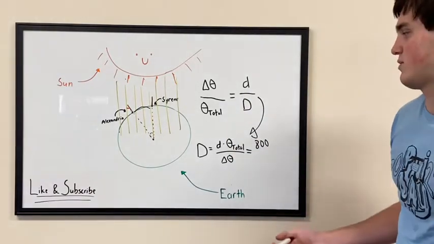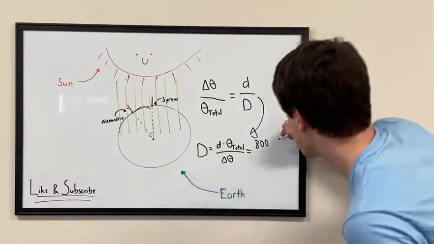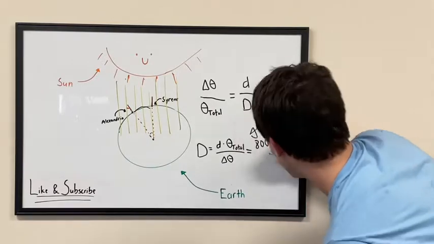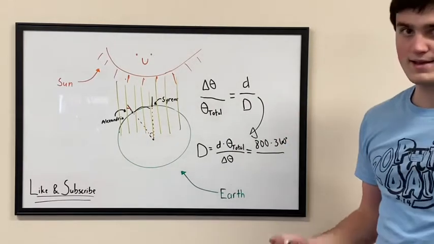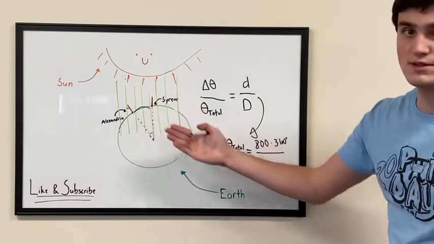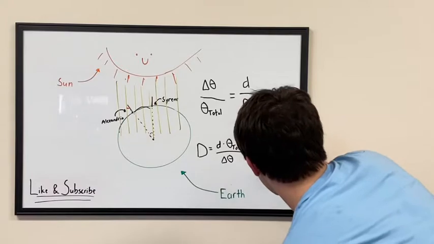We also know that the total degrees of the Earth, like any circle, is 360 degrees. And finally, as Eratosthenes found and proved, the degree between the two cities right there is 7.2 degrees.